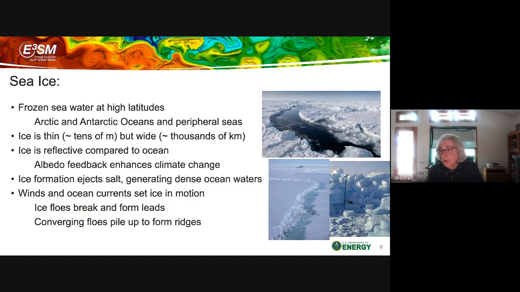Okay, so let me back up a minute here and just talk about sea ice and why it's important. So sea ice is frozen seawater, and it occurs at high latitudes in the Arctic and Antarctic Ocean and peripheral seas. It's thin, on the order of, say, tens of meters.